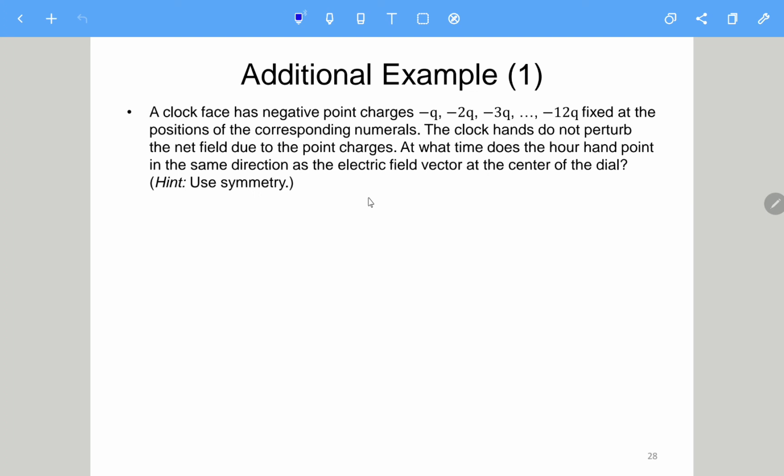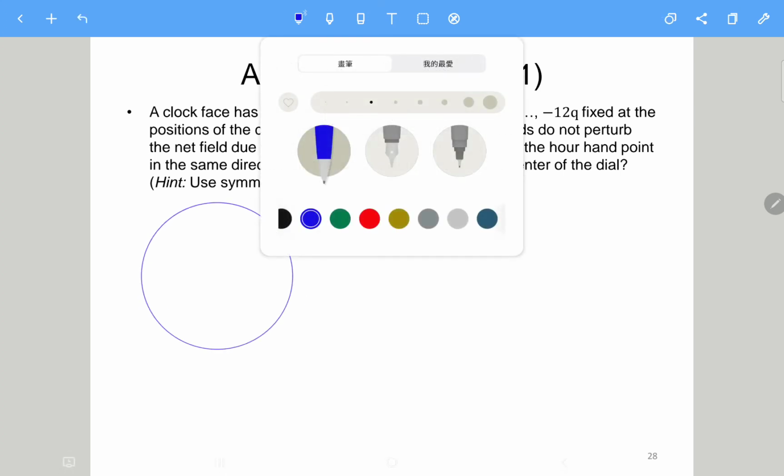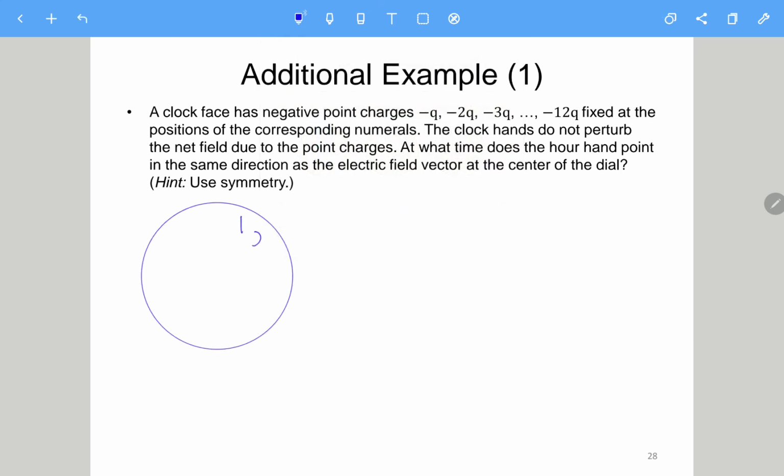Okay, so this one will be easy. Suppose we have a clock face like this, and then we have 1, 2, 3, 4, 5, 6, 7, 8, 9, 10, 11, 12.